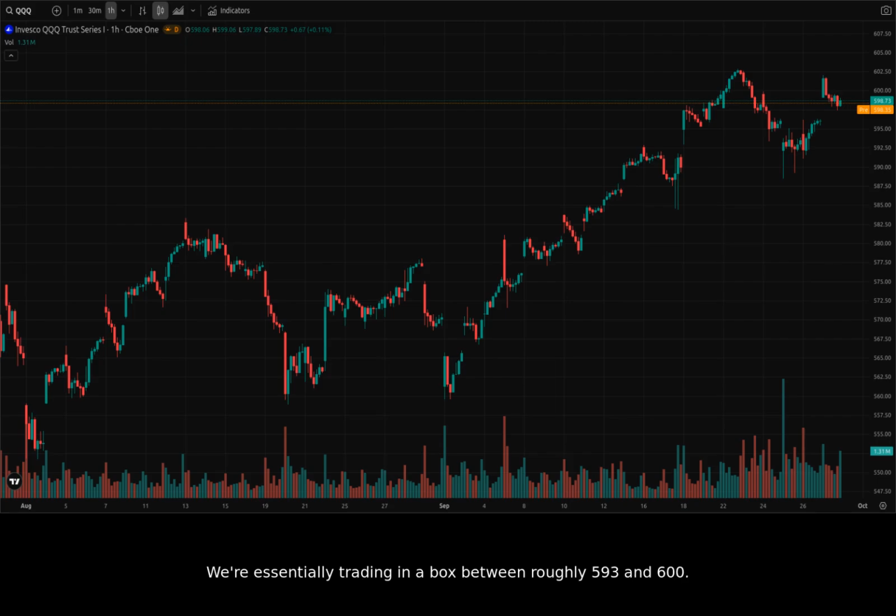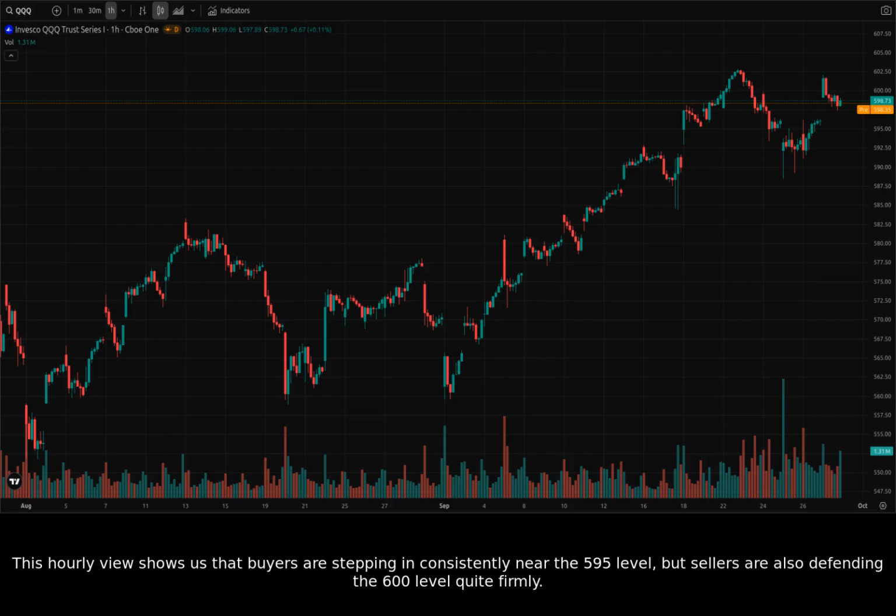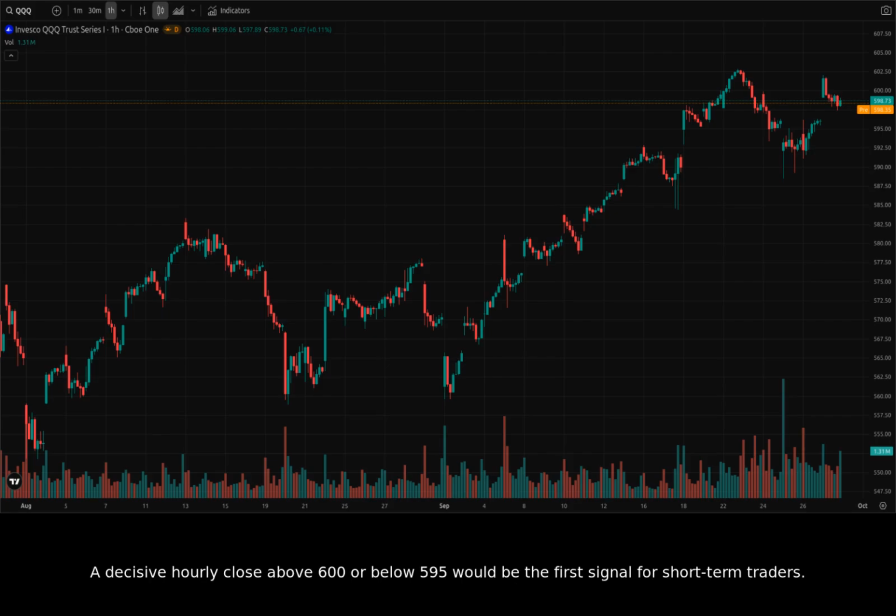We're essentially trading in a box between roughly 593 and 600. This hourly view shows us that buyers are stepping in consistently near the 595 level, but sellers are also defending the 600 level quite firmly. A decisive hourly close above 600 or below 595 would be the first signal for short-term traders.